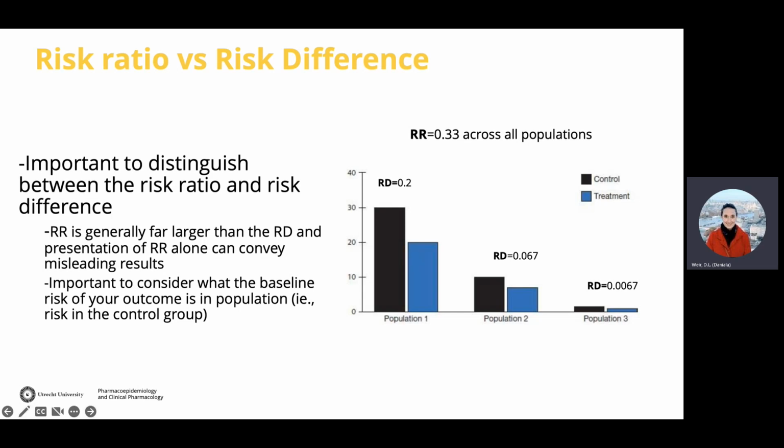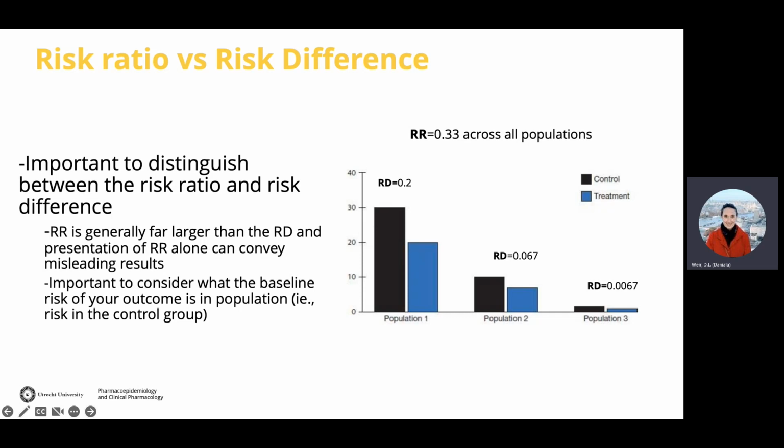This is because the risk ratio always tends to be larger than the risk difference, and presenting the risk ratio alone can actually convey very misleading results. It's really important to consider what the baseline risk of your outcome is in the population you're looking at. In a randomized controlled trial, the baseline risk is just the risk of the outcome in the control group. I think this graph will illustrate the point further.